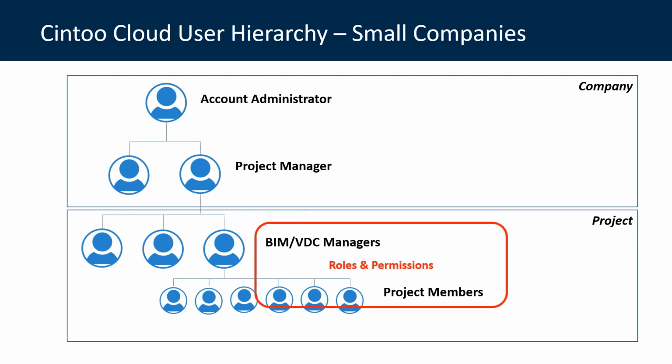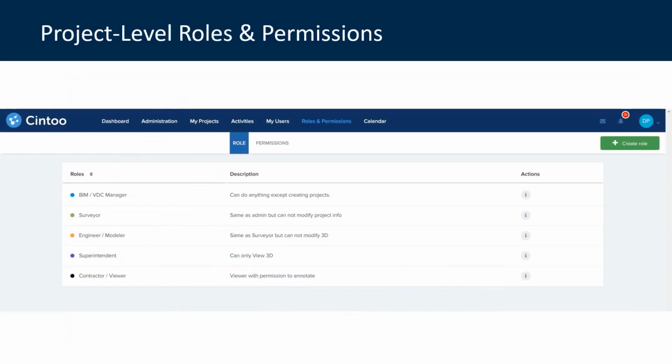So those BIM or VDC managers and all other project members, these are roles that are predefined by the platform, and those roles are granted permissions. Let me go into the detail of that. So going to the platform in Cintoo Cloud, this is what you will see with roles and permissions. We at Cintoo have predefined a set of roles going from a BIM VDC manager to a contractor viewer.